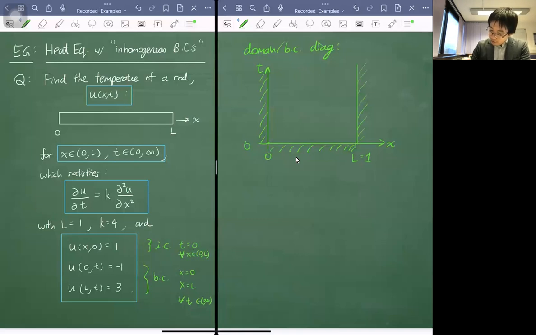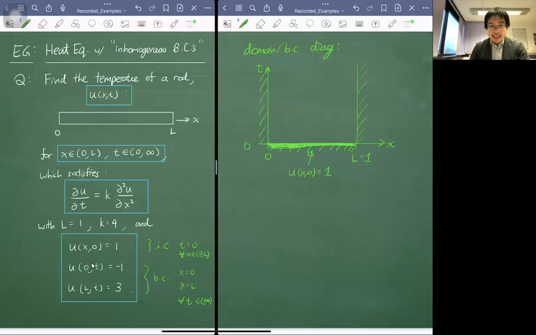All right, so over here, on t equals 0, let's write this out. u at t equals 0 is equal to 1, okay? So the whole rod starts off at a uniform temperature of 1. Okay, interesting. So you have a uniform temperature rod lying over here.